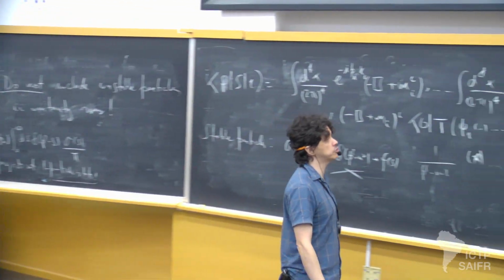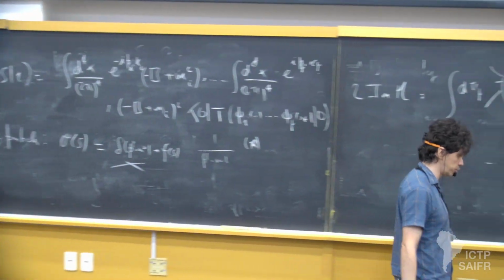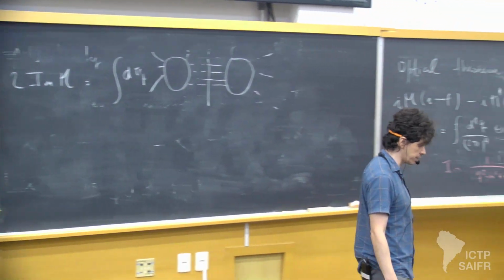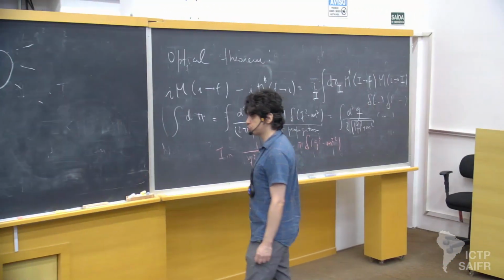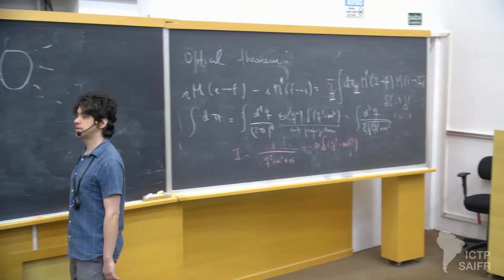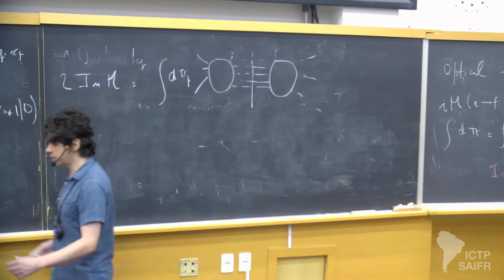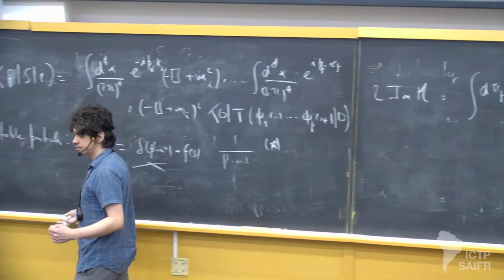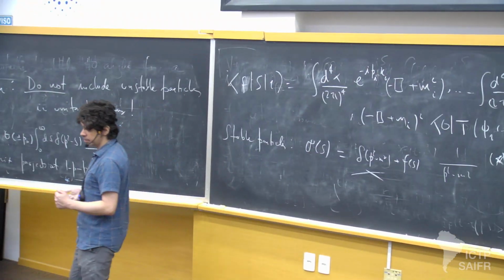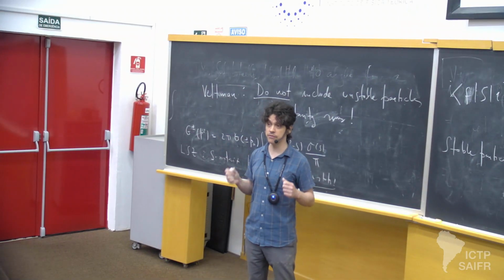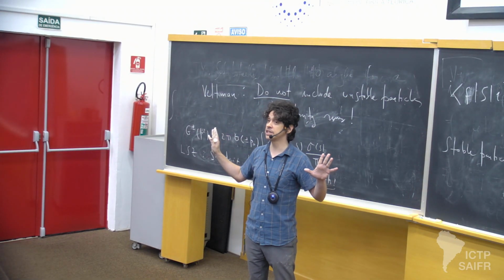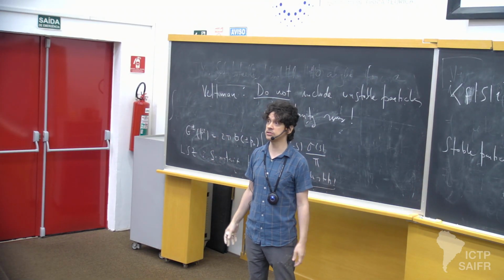This is something that we tried to do back in the 60s, something that we call the S-matrix program. But that program was doomed to fail because they addressed a very broad question, which was, given the analytic structure of a given function, can I recover it in its entirety?